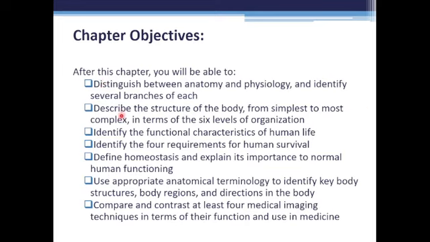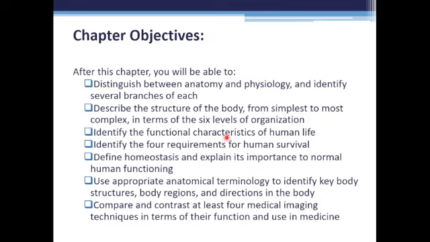Then we described the structure of the body from simplest to most complex, the body organization from molecule level to organismal level. We talked about that in section 1.2. Next, we identified the functional characteristics of human life. We talked about that in section 3. I recommend watching it.